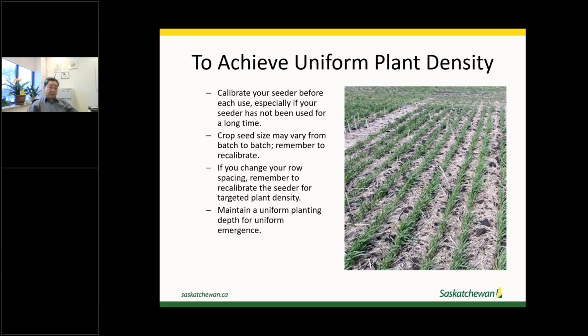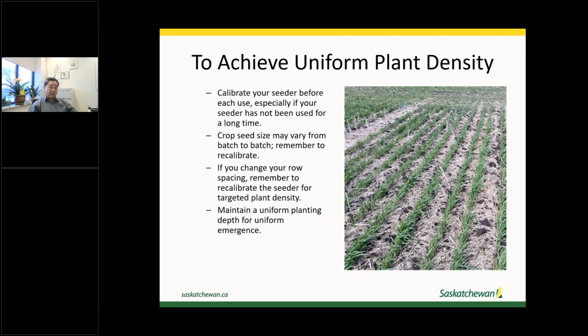In order to achieve uniform plant density in the field, what you need to do is calibration. You need to calibrate your seeder before each use, especially if your seeder has not been used for a long time, like stored there for the winter. And the crop seeds may vary from one batch to another, or if you buy seeds from different buyers, calibrate again.